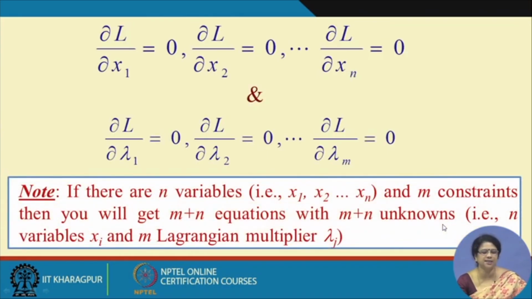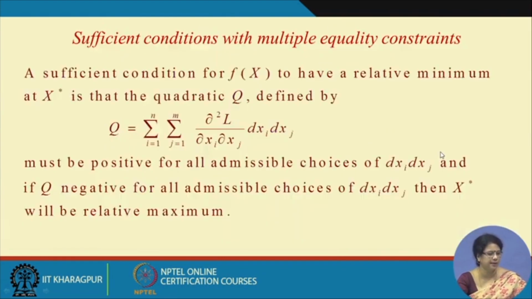Now we need to check the sufficient condition as well. I need not explain it to you. We have to take the first order partial derivative of the Lagrange function with respect to the decision variables x1 to xn, and another set with respect to the Lagrange multipliers. m depends on the number of constraints, I told you many times.